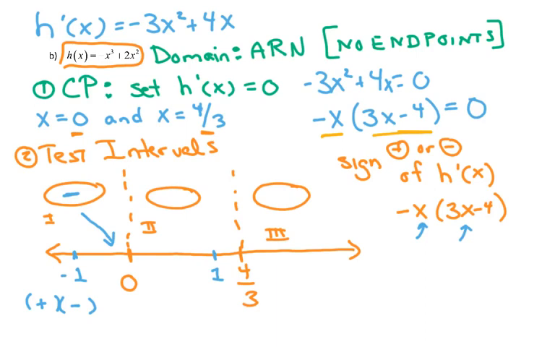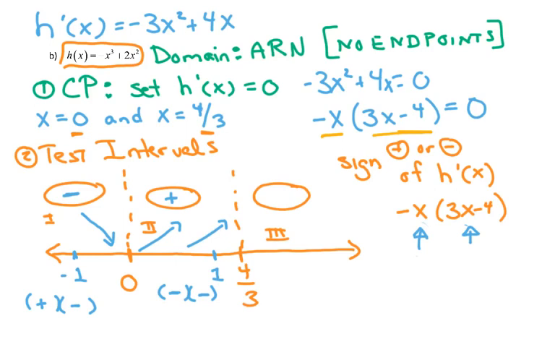Okay, let's test positive 1 the same way. First, you put it in the first factor here. Put positive 1 in for negative x, that would become negative 1. If you put positive 1 in here, I have 3 minus 4, that's also negative. What happens when you multiply 2 negatives together? You get a positive. So in this interval, my original function is increasing.